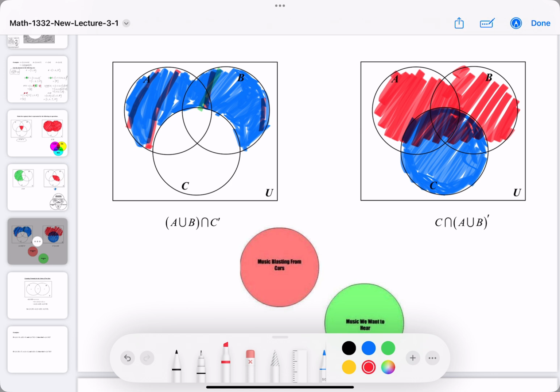So we're going to highlight the area which is not the red part. Let's just use some stripes. Not A union B, or A or B. Okay, let's erase the red part.